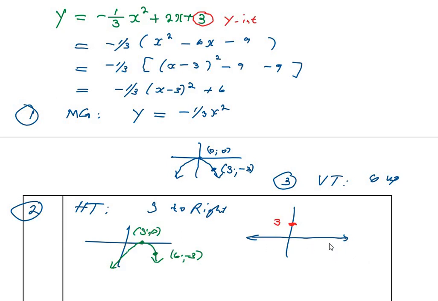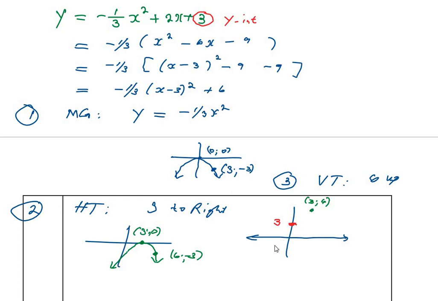So that's 3, 0. So it must go 6 up. So it's going to end up having 3, 6. 3, 6. You see, now sometimes people don't have the 3 here. Then they draw this thing down here, and it's so inaccurate actually. So that's why I like doing that.